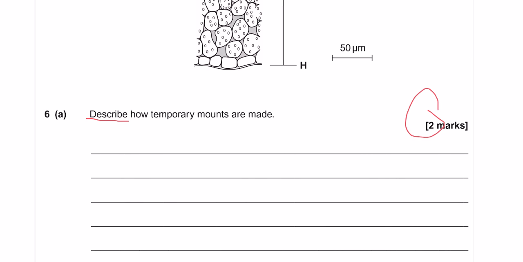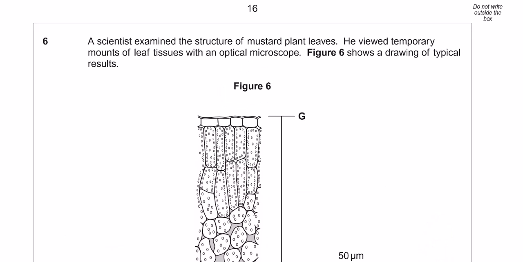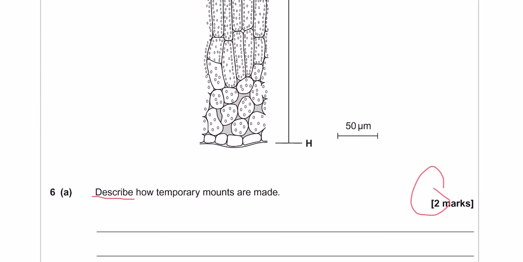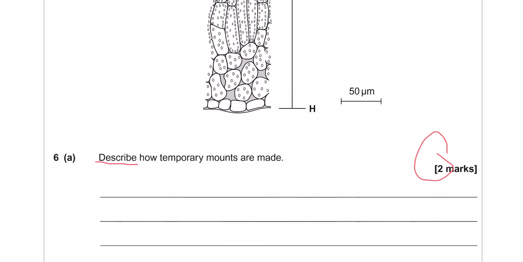You obviously need to take a very thin slice or section of the plant, of the mustard plant leaf. So you take a thin section, you put it on a slide in water, or you can mention a stain like iodine, and then you add the cover slip. If you said you put it between 2 slides, you would get 1 mark for that.